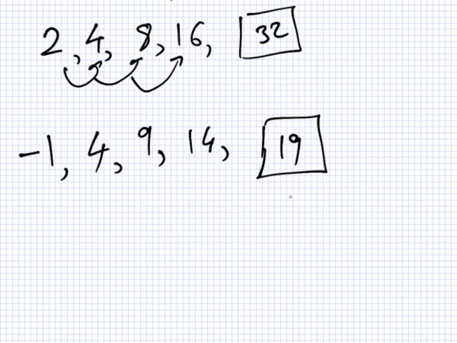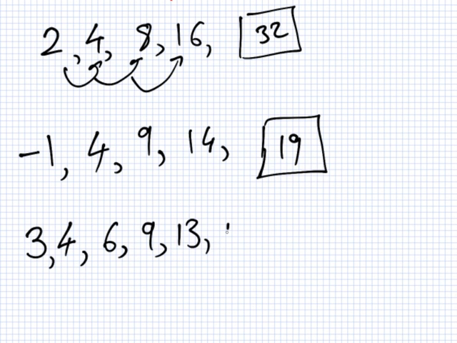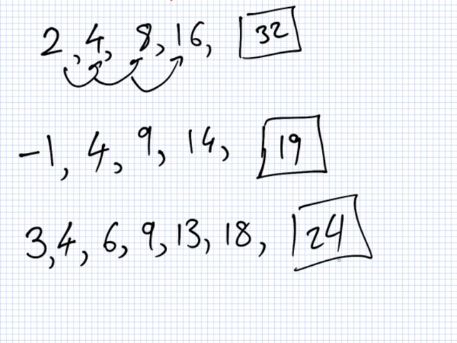Okay, let's make it a little bit trickier. What's next? 24. 24, yeah. And what's the rule? Add 1, add 2, add 3, add 4, add 5, and add 6.